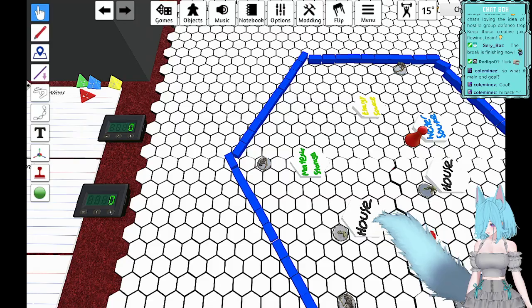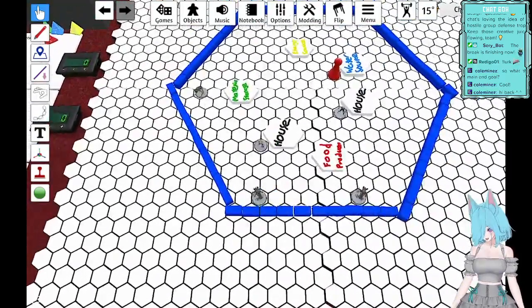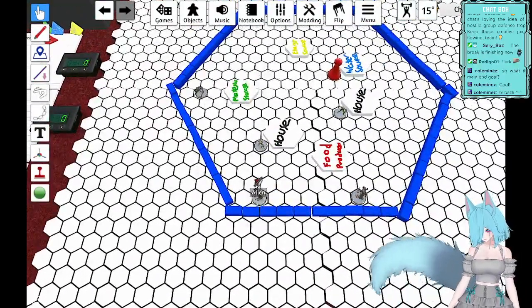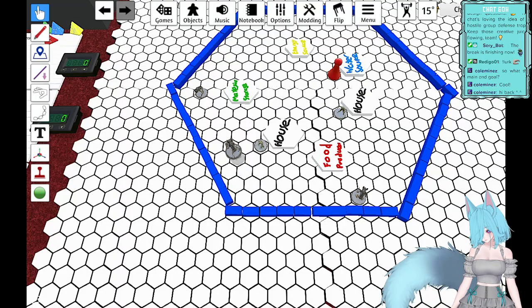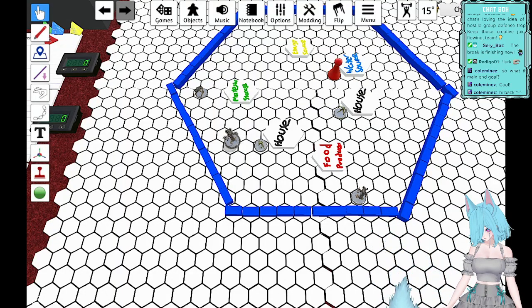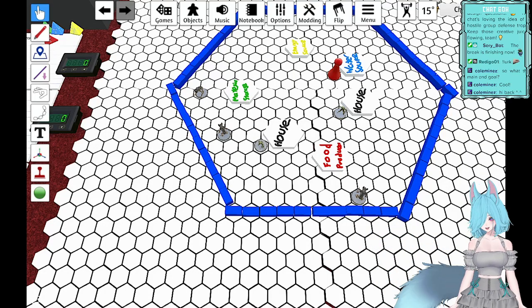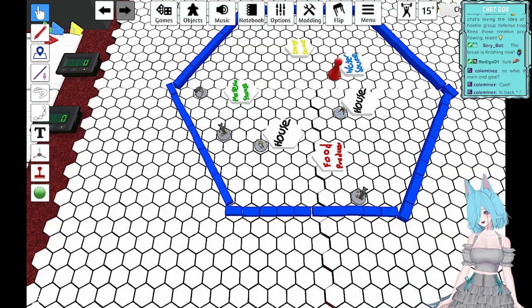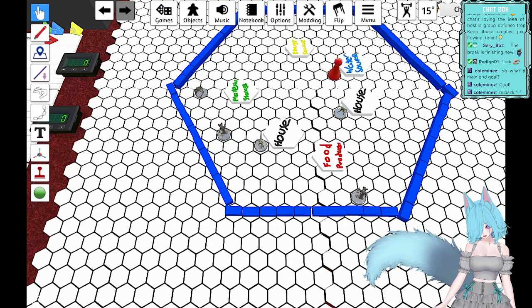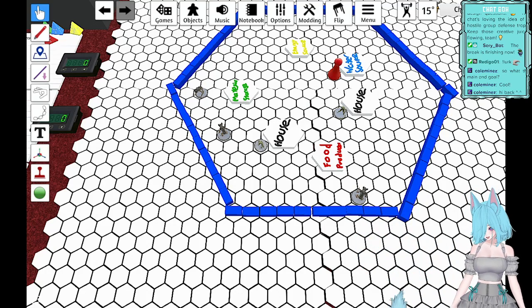Now for the new aliens who are not familiar with the city yet. 1, 2, 3, 4, 5. He actually saw that, so the civilian is going to try to run away from the alien.